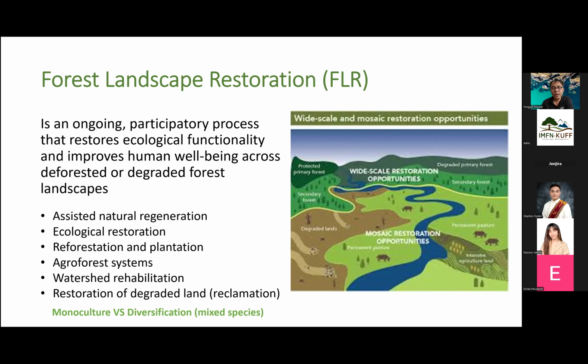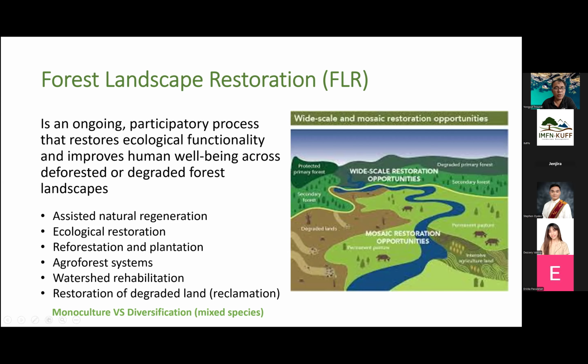And we have patches of forest, either degraded or converted to agriculture. If those areas are located in the head watershed, there will be a lot of measures to be undertaken to improve the condition.